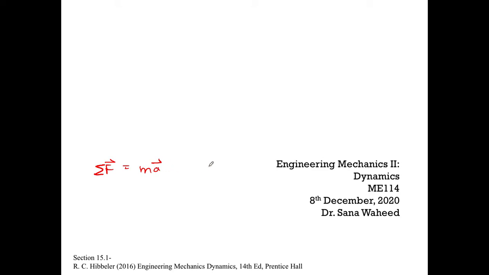And we had noted that if we're looking at just the tangential component of velocity, tangential component of acceleration, then I have summation Ft is equals to m at, where at I know is just equal to v dot, right? इसका magnitude.